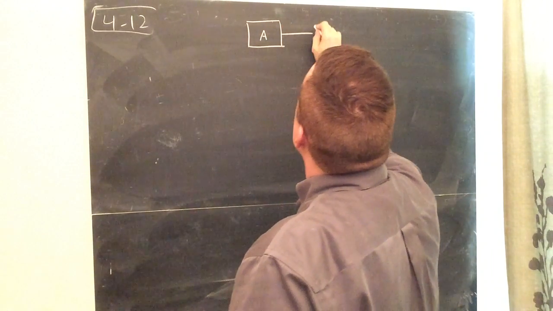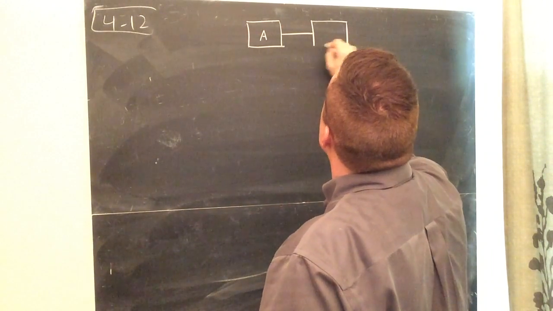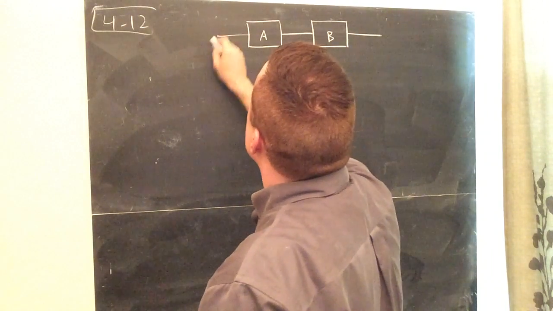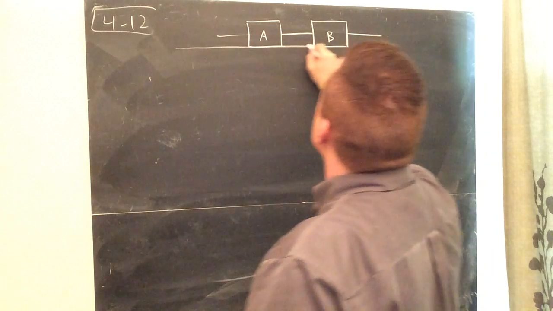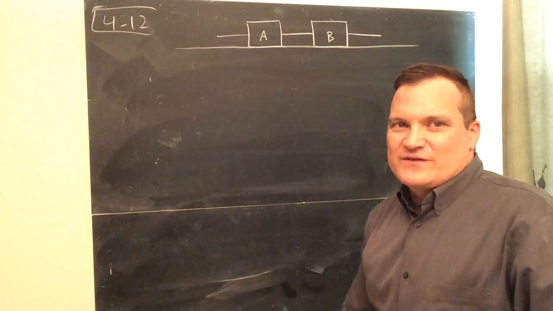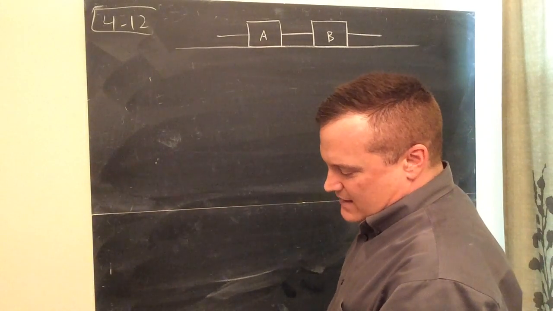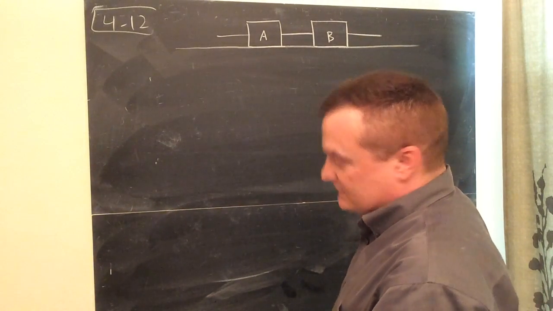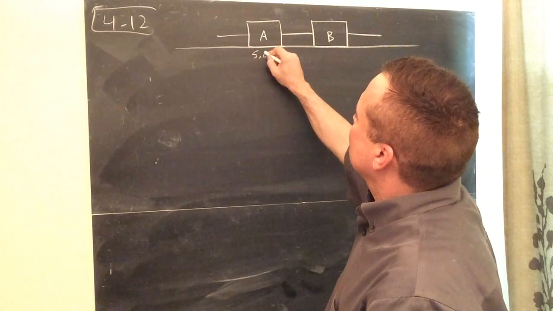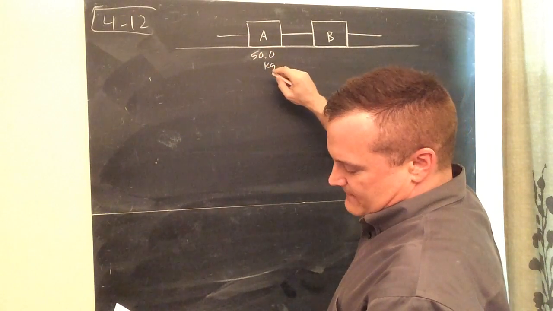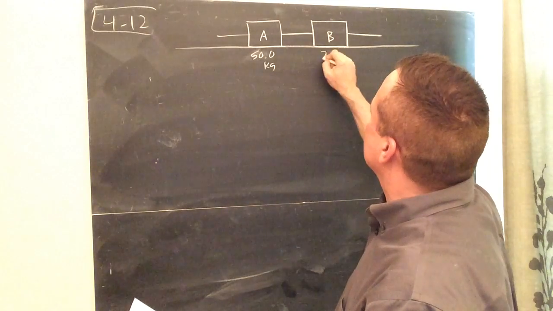The way they like to do these in a lot of standardized tests, end of the year state tests, is with train cars hooked together. But it'll work with the same concept with this one. You'll see one like that at some point. Block A has a mass of 50 kilograms. Uh-oh, not 5. Block B has a mass of 75 kilograms.